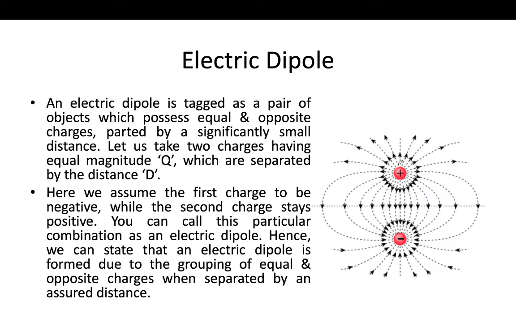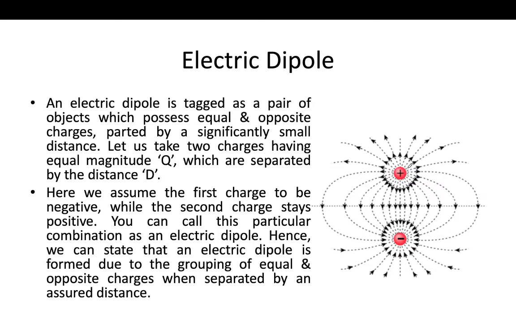Okay, now the one-line simple concept. What is an electric dipole? Any pair of objects having equal but opposite charges.